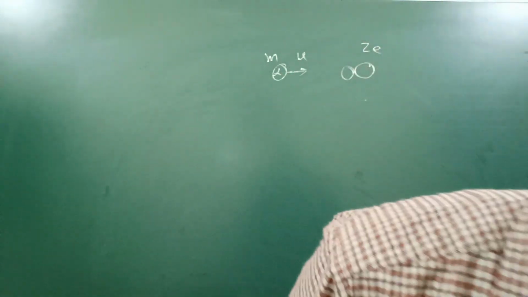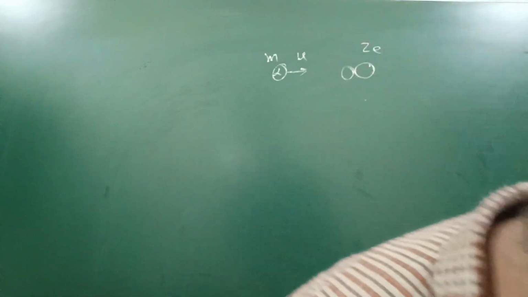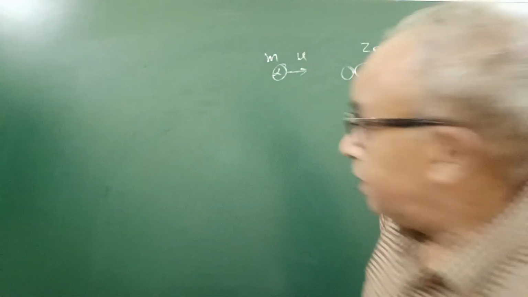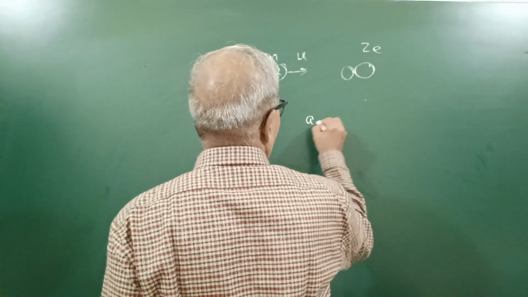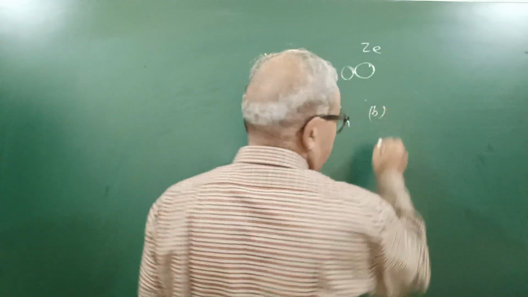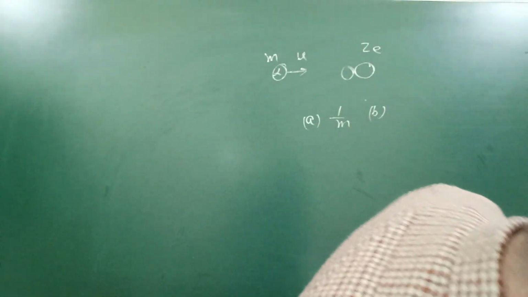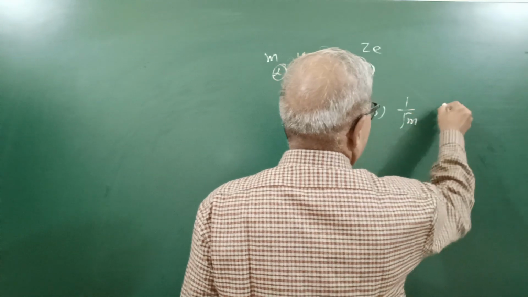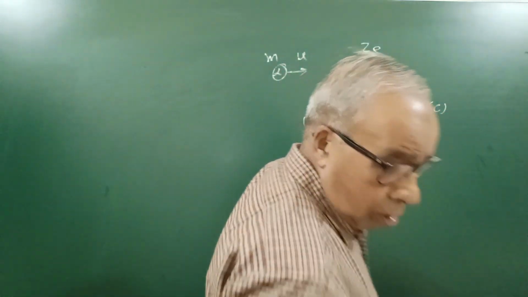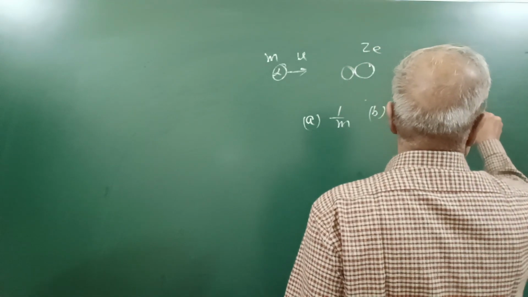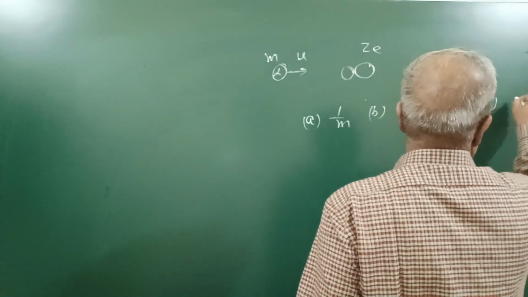Then the distance of closest approach from the nucleus depends on: A option, 1 by m; B option, 1 upon root m; C option, 1 upon m square; or D option, m.